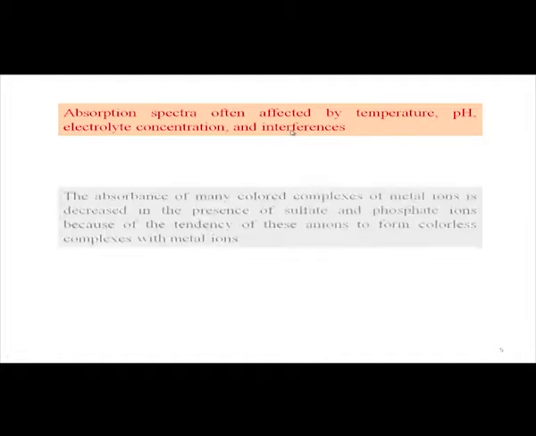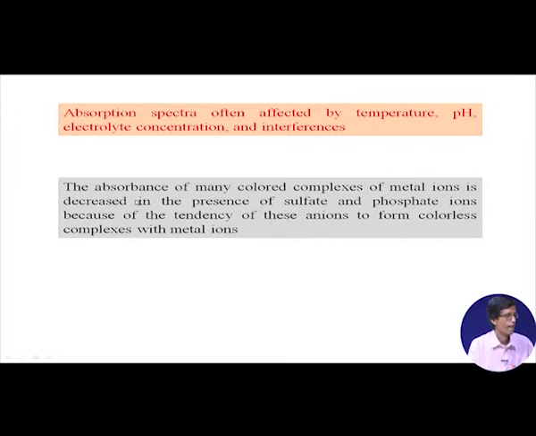Then there are different electrolyte concentrations, because these can interact with the species responsible for absorption, and if there are any interferences, your water molecule or the solvent can interact with the parent molecule which is responsible for your absorption.